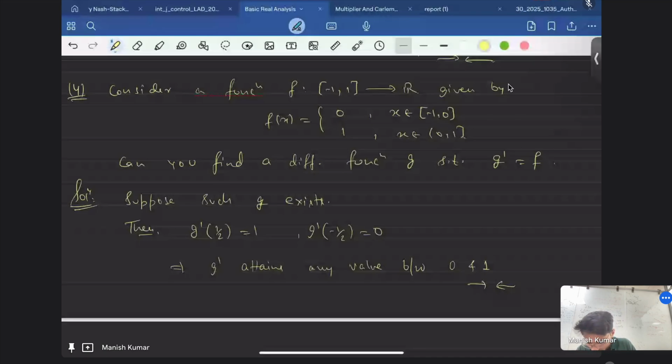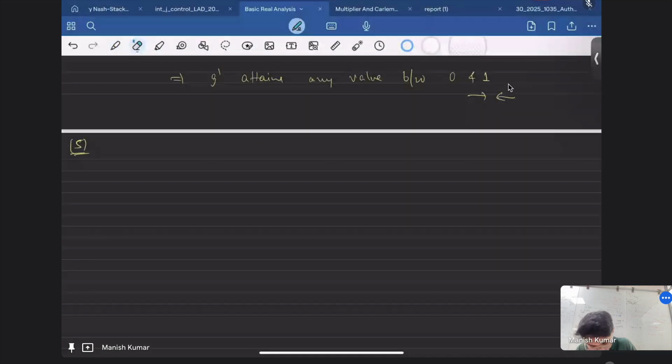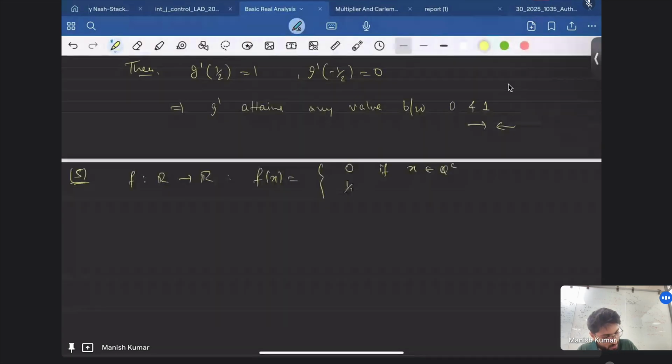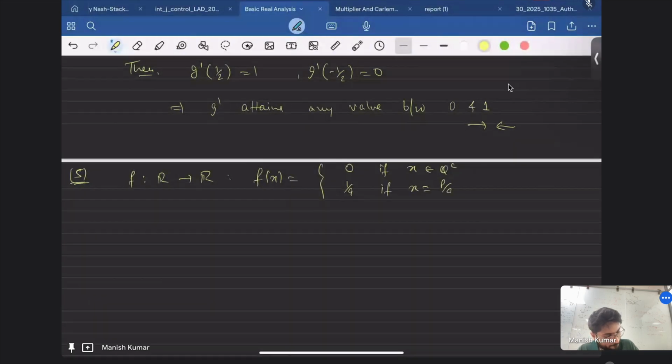Okay, so let's move to this. Consider this function f from R to R given by f of x equals 0 if x is irrational, 1 by q if x equals p by q, and then 0 if x is equal to 0.